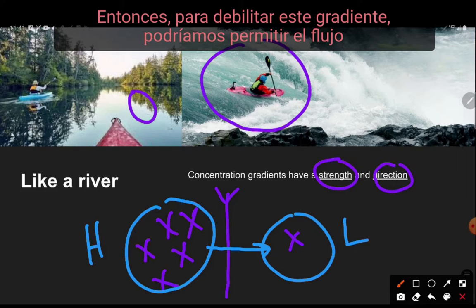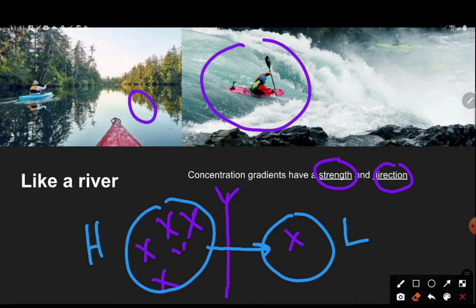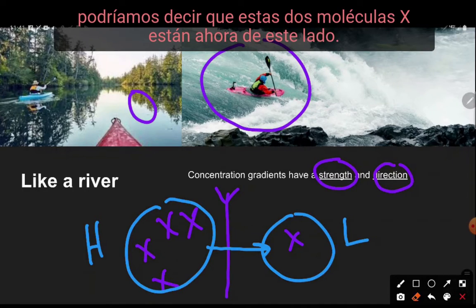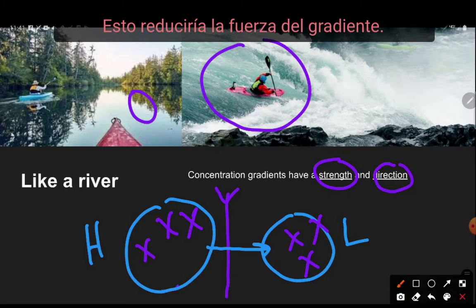And so to make this gradient weaker, we could allow flow. We could say that these two X molecules are now on this side. This would reduce the strength of the gradient.